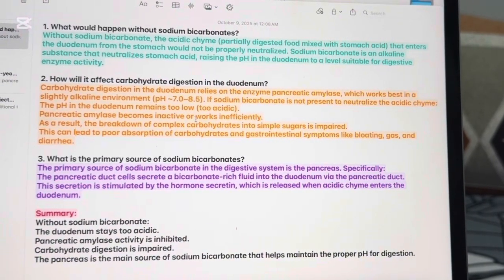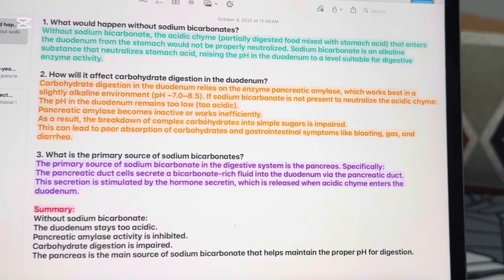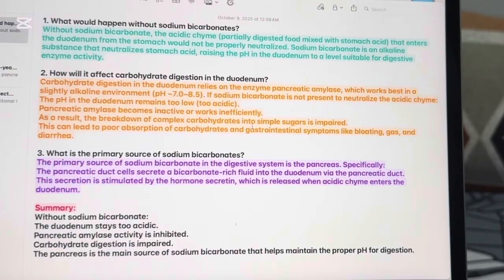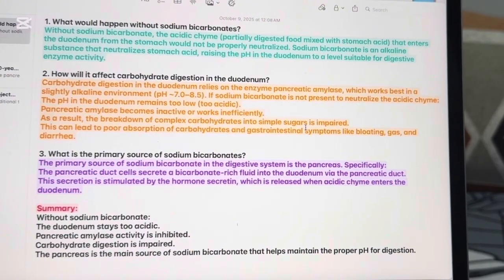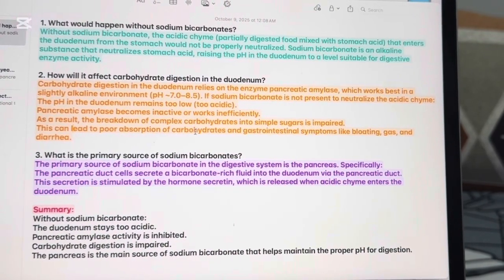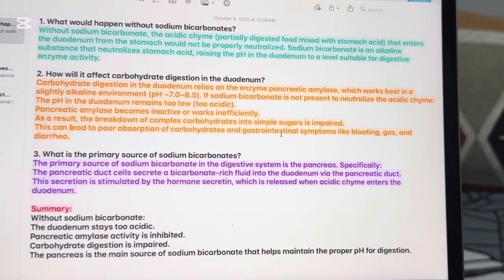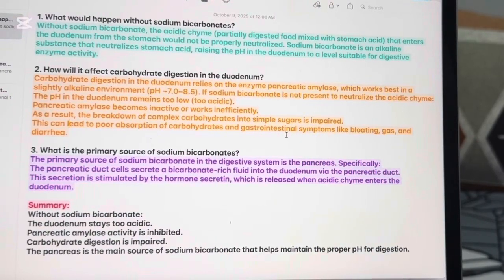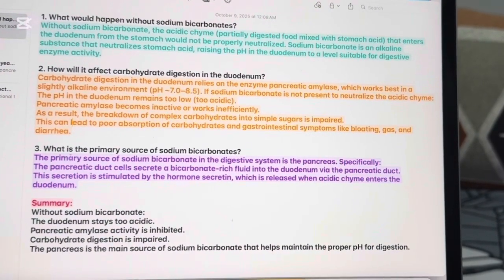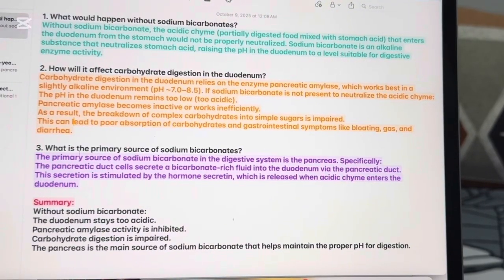It becomes inactive and works inefficiently. As a result, the breakdown of complex carbohydrates into simple sugar is impaired. This will lead to poor absorption of carbohydrates and also some gastrointestinal symptoms like bloating, gas, and diarrhea.